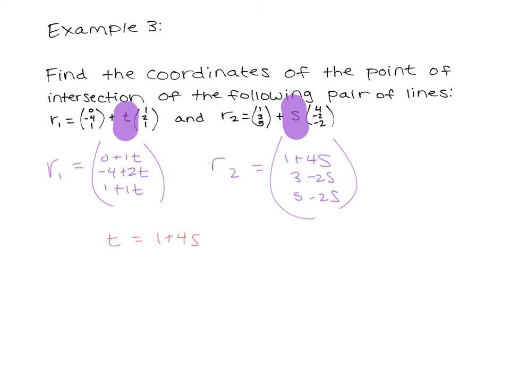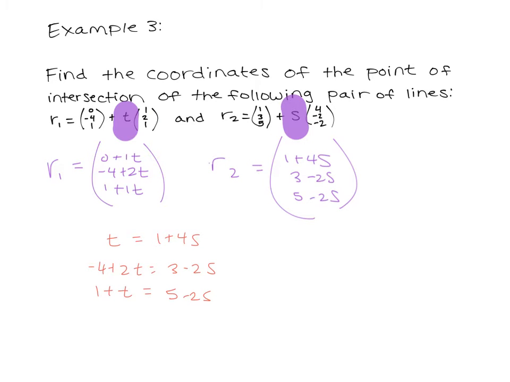We're then going to set our y component, negative 4 plus 2t, equal to the y component of our other line, 3 minus 2s. And then we take our last one, 1 plus 1t, and set it equal to our other z component, which was 5 minus 2s.